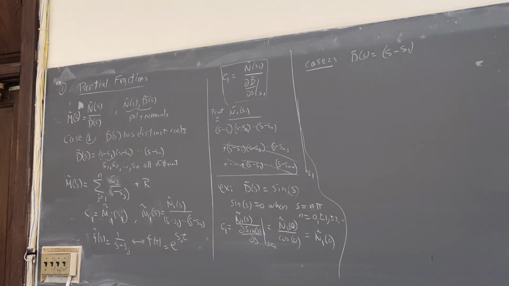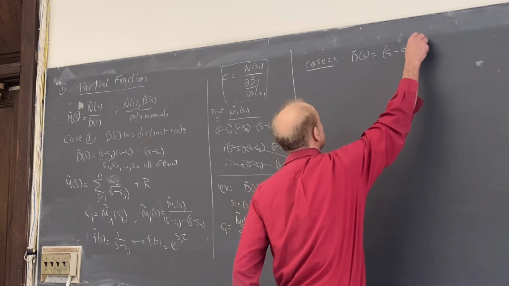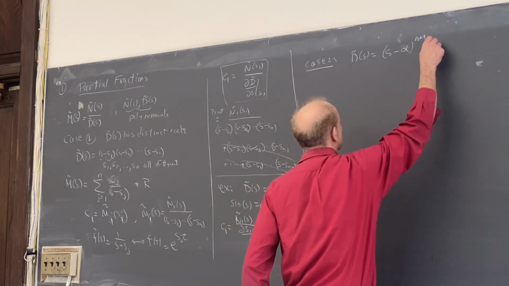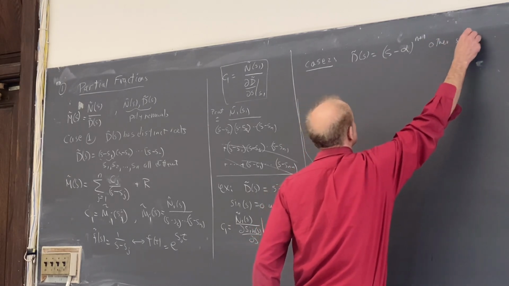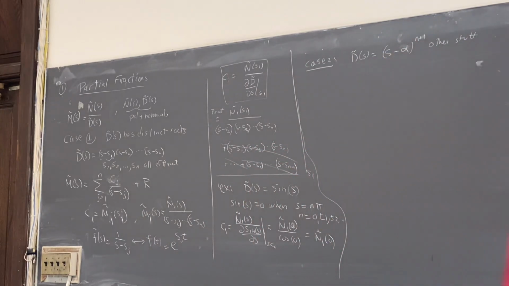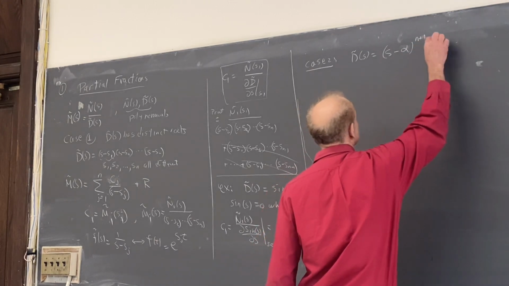N plus 1. And I think I called it alpha. The n plus 1 times other stuff. I think I just did it as n tilde of s. Yeah, times other stuff.